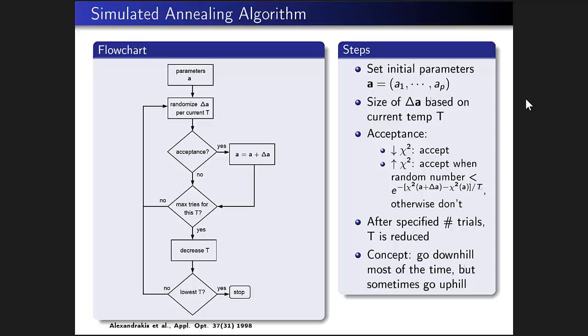If you choose a random number and it is less than this probability function, then you actually accept moving to that update, and otherwise you don't. And you do this in a series of iterations, and during those iterations, you also decrease the temperature as you're moving along. You have this cool down schedule until you're at the lowest T, and then you stop.